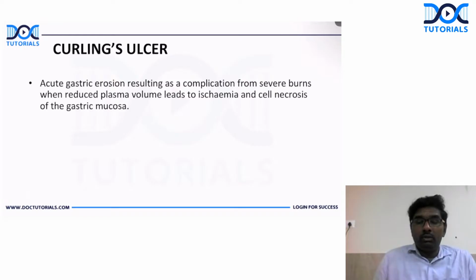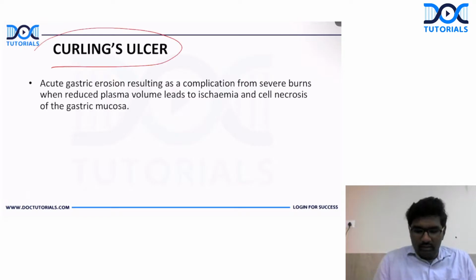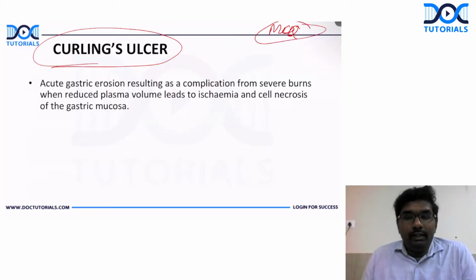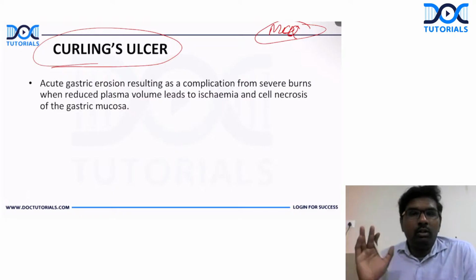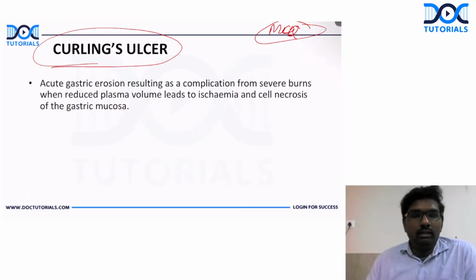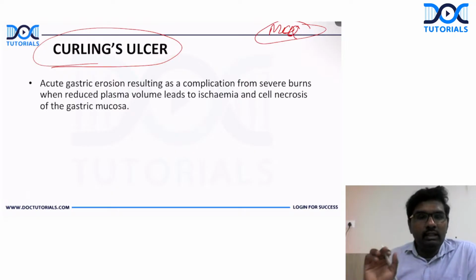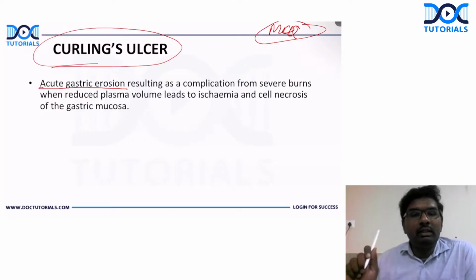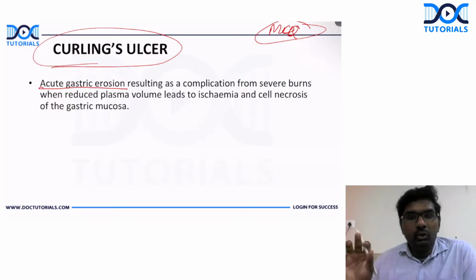And you are also supposed to know about Curling's ulcer. This is an important MCQ. From here, we will be completing this session. While dealing with burns, you are supposed to know about Curling's ulcer. What is Curling's ulcer? It is an acute gastric erosion, which is a complication of severe burns.